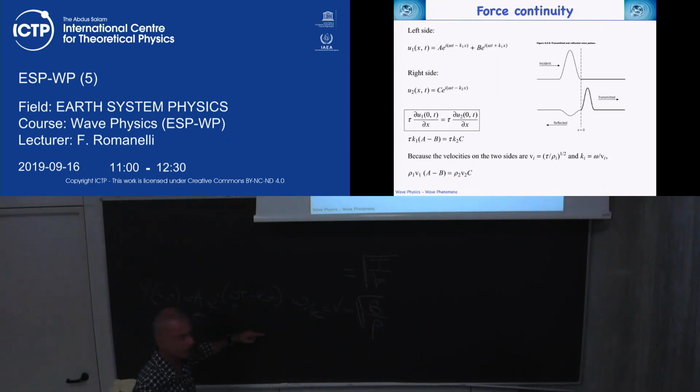Minus, minus, plus. Okay, k1 over k2, but that's omega over velocity. And so you can rewrite this in this way. Look now, there is the product between density and velocity. That's impedance.